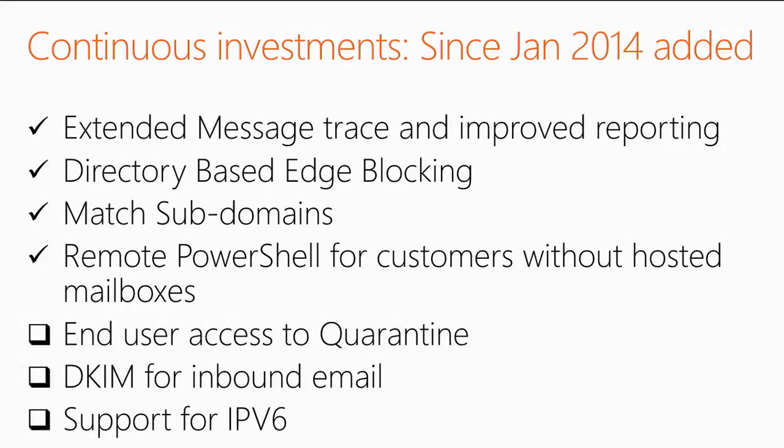So you don't need to do it on an individual basis. You can do it just on the umbrella domain. Finally, we did add remote PowerShell for customers without hosted mailboxes. In the past, it was available with Exchange Online for customers who have mailboxes in the cloud. We added it also for Exchange Online Protection standalone without any hosted mailboxes.